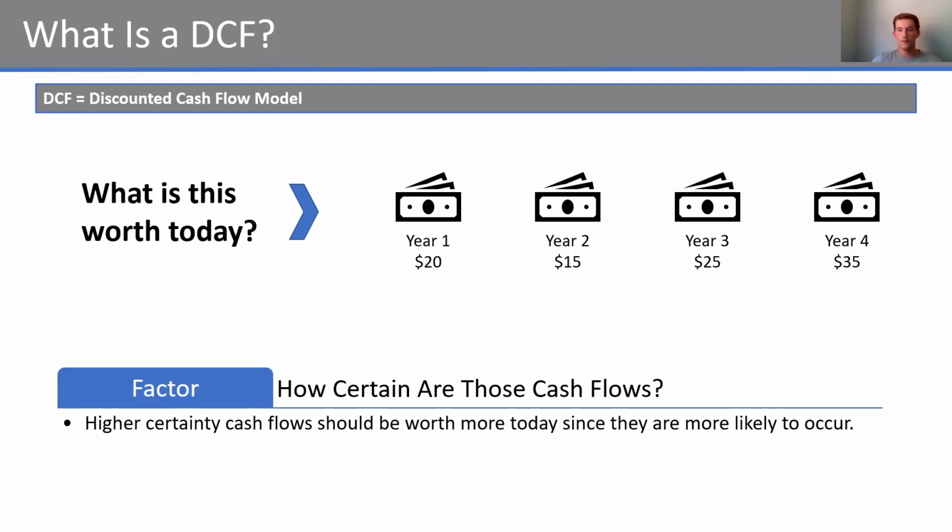On top of the risk-free rate is a risk premium associated with the risks of the cash flows. So if a cash flow is less certain, then you should be compensated for taking that higher risk, and hence it warrants a higher discount rate or rate of return. So that's generally what a DCF is.